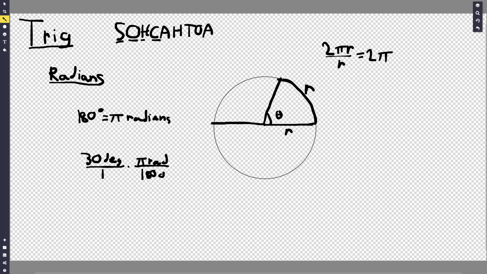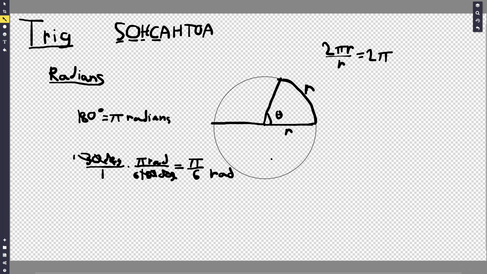What we want is to turn the label degrees into radians, and we can do that by canceling out the degrees labels, so that our answer is in radians. Now we just simplify this. We can divide by 0, we can divide by 3, so we get 1 and 6 here. So we're left with pi over 6. Okay, so 30 degrees is equal to pi over 6 radians.